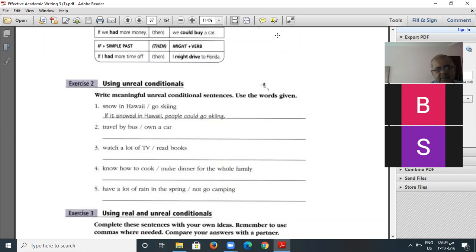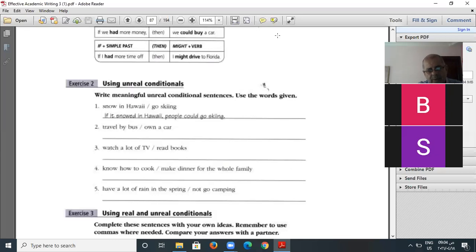Okay. Next. If people didn't watch a lot of TV, comma, they would read books. Or they would read books if people didn't watch a lot of TV.